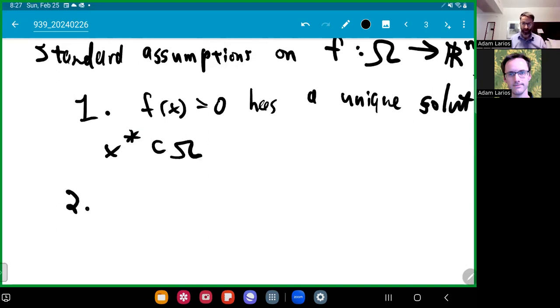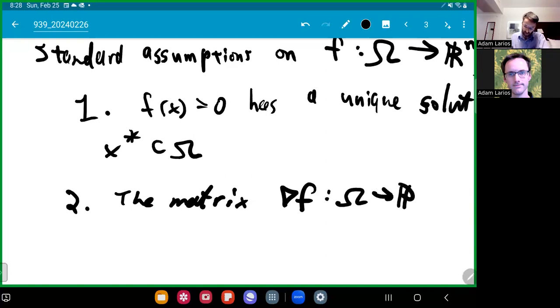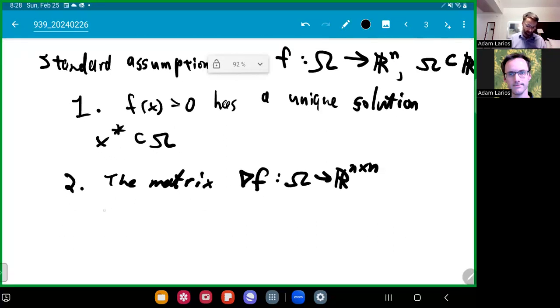All right. Second assumption, and this one's a little bit technical, but we'll see where it comes up. And that's that this gradient of f, the matrix gradient of f, which maps from omega into R^(n by n), right? So I take a point in the domain and I get a matrix out. So the target gives me something in R^(n by n) is Lipschitz continuous.